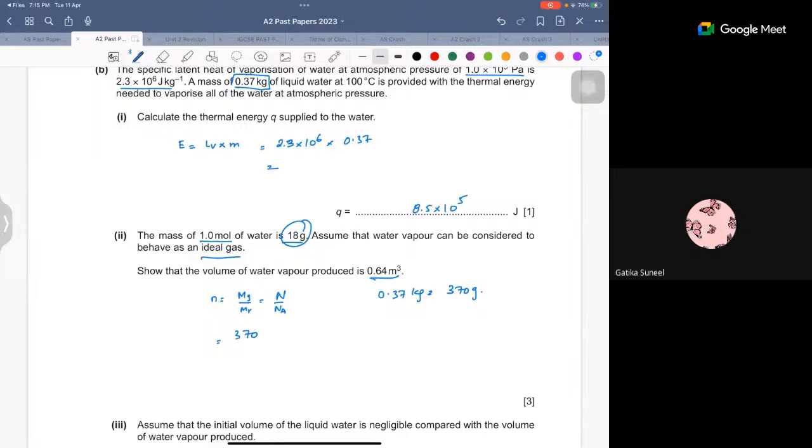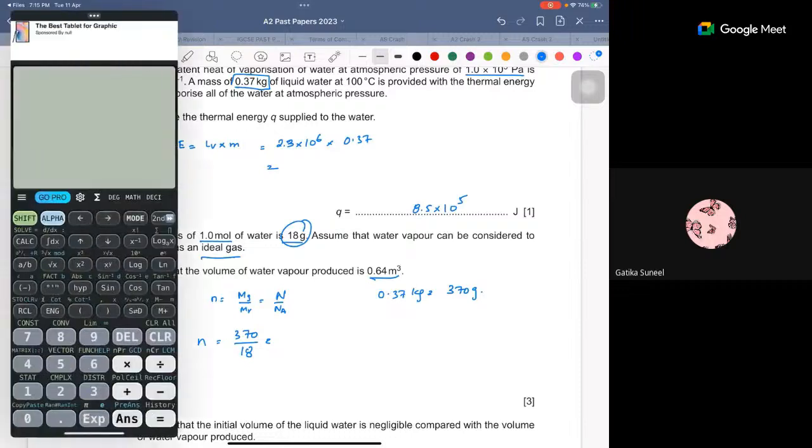For 1 mole of gas, we can find the number of moles. What do you get for the moles in this much gas? 370 divided by 18, that's 20.556. Okay, so these are the moles.